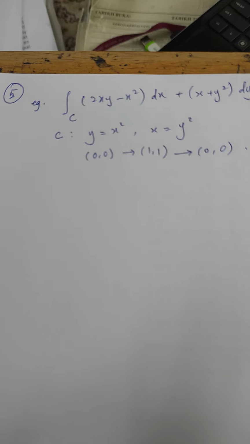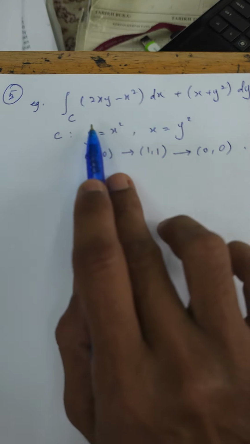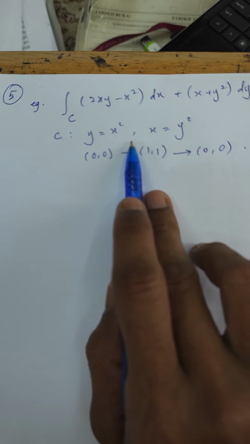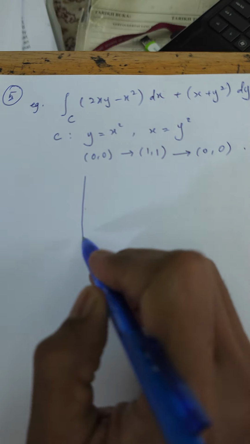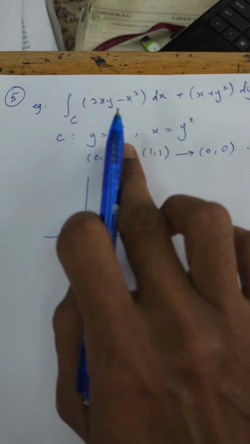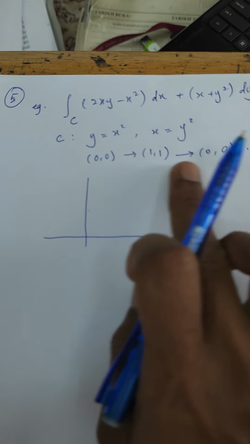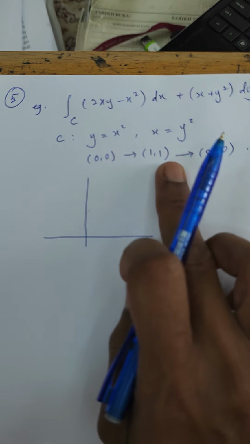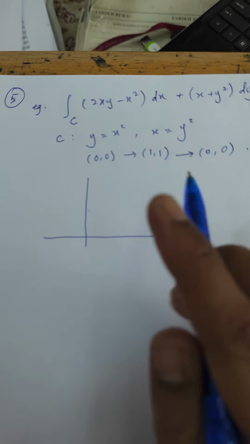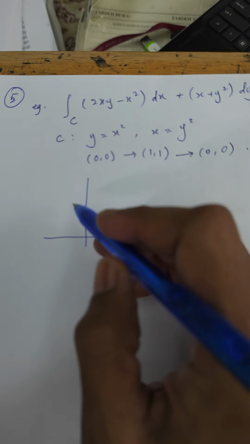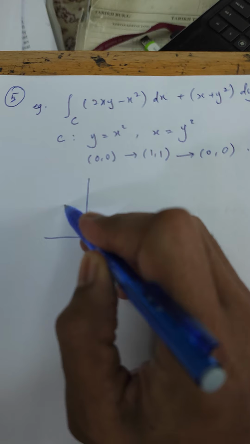If you look at C here, let's plot this a little bit. We sketch y equal to x squared, and the limits of integration given here are positive, so we may consider just one part only.